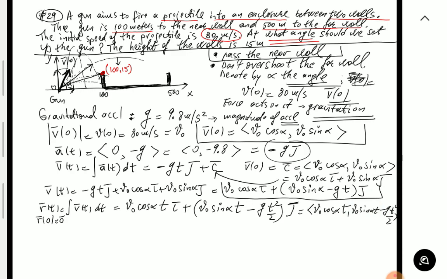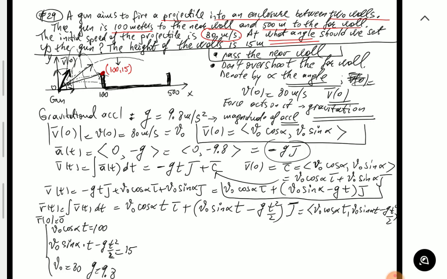So basically the first component, v naught cosine of alpha t, should be equal to 100, the horizontal component, and the second component, v naught sine of alpha times t minus gt squared over 2, should be equal to 15. Now v naught, of course, is given. It's 80. At this point, let's replace v naught with 80, g with 9.8.